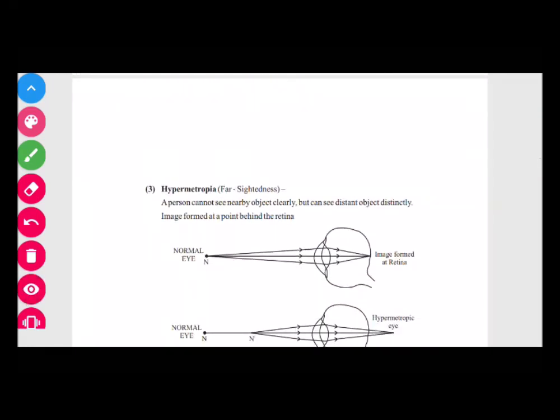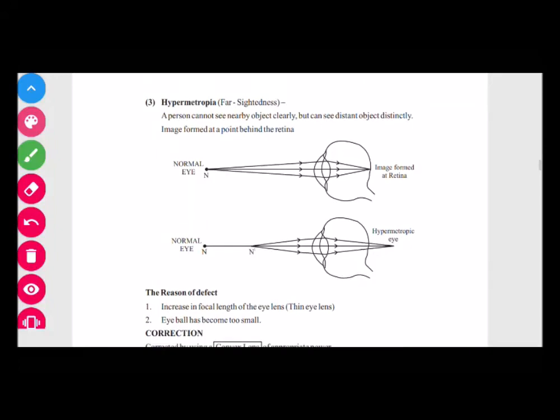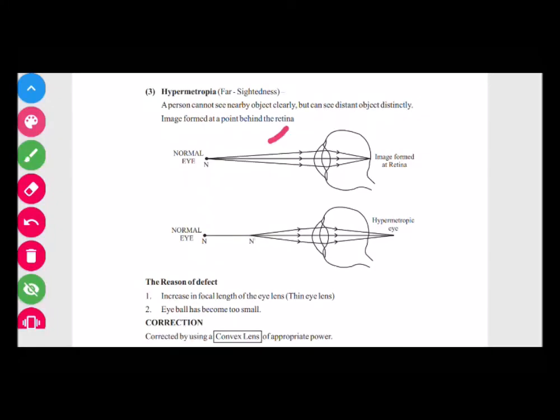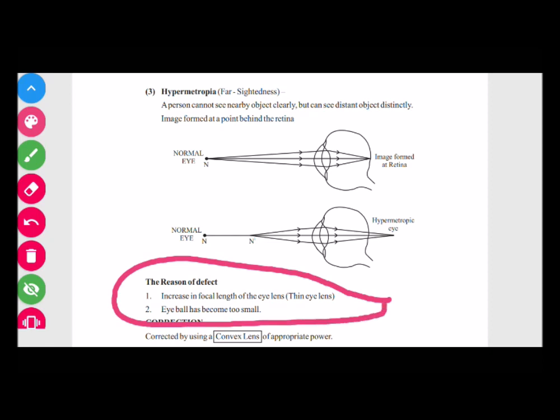Now let us think about hypermetropia. You can see the faraway objects clearly, but it is difficult to see the nearby objects. So what is actually happening? Light from the nearby objects will converge behind the retina. Okay, one more time. What is this defect actually? We can see the faraway objects clearly, but it is difficult to see the nearby objects. So when such a question arises, what is your answer?